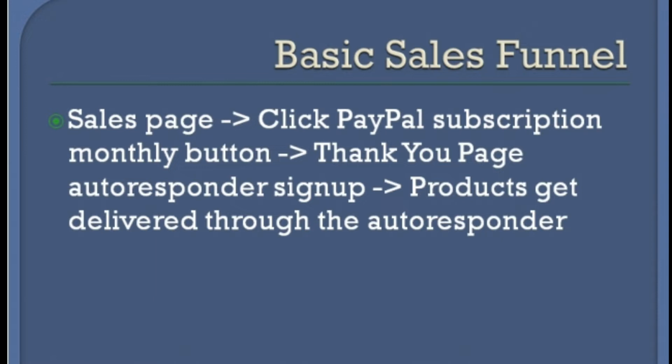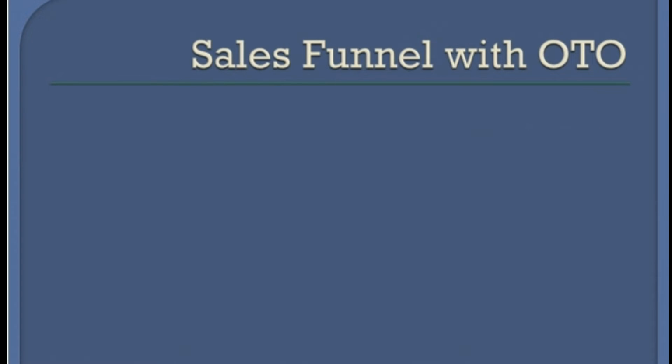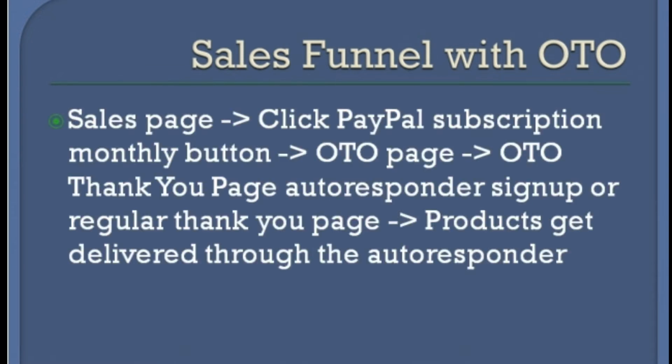Now, if you were to get a little more complicated and add a sales funnel with a one-time offer, it would look like this. You have a sales page, they click the PayPal button, and then after that, they see a one-time offer that says, hey, hold on, we've got a one-time offer here. If they purchase it, they get sent to the one-time offer thank you page with the autoresponder.